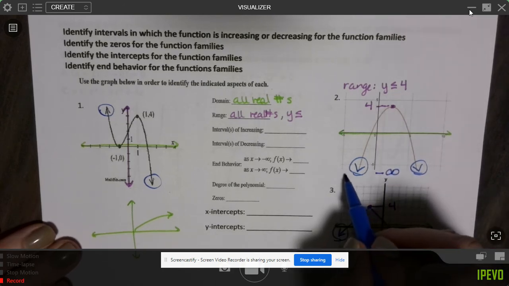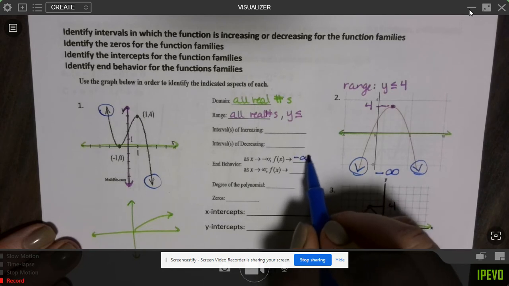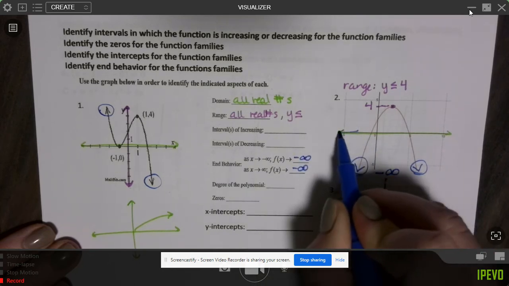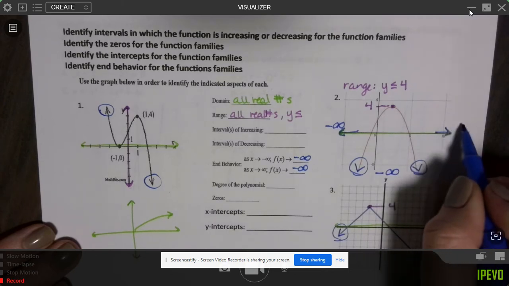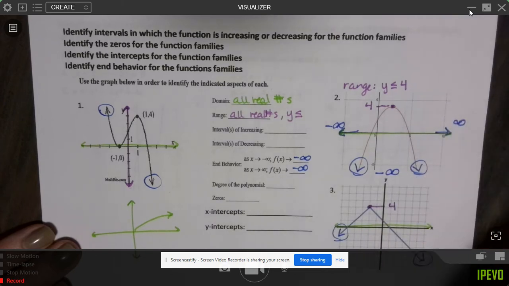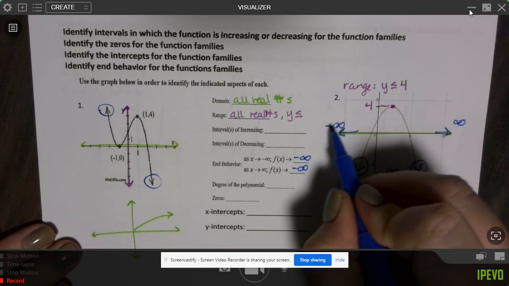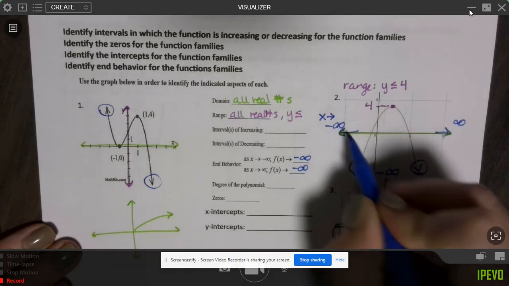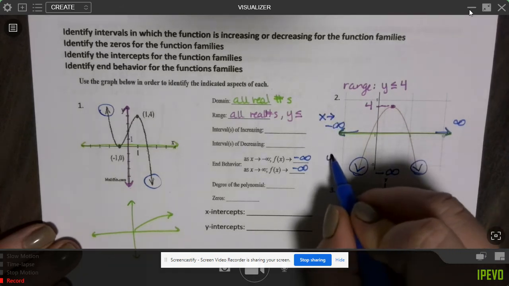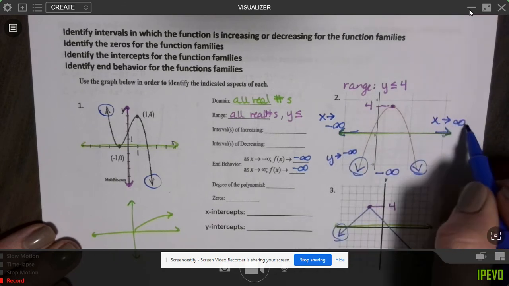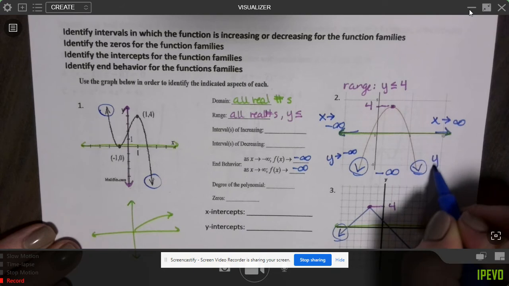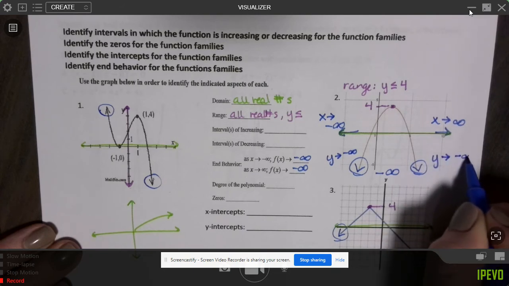So both of these are approaching negative infinity to the left as x is getting closer, and to the right as x is getting bigger. So as your x is approaching negative infinity, your y is also approaching negative infinity. Same thing here, as x is approaching positive infinity, your y is pointing down, so it is approaching negative infinity.